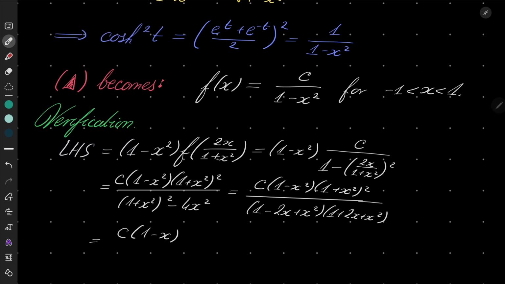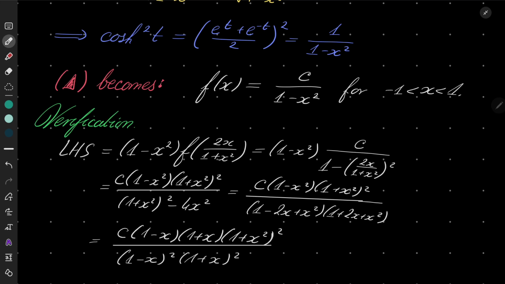c 1 minus x, 1 plus x, 1 plus x squared over 1 minus x squared, 1 plus x squared. This is correct. I can cancel this with that square, and I can cancel this with that square.